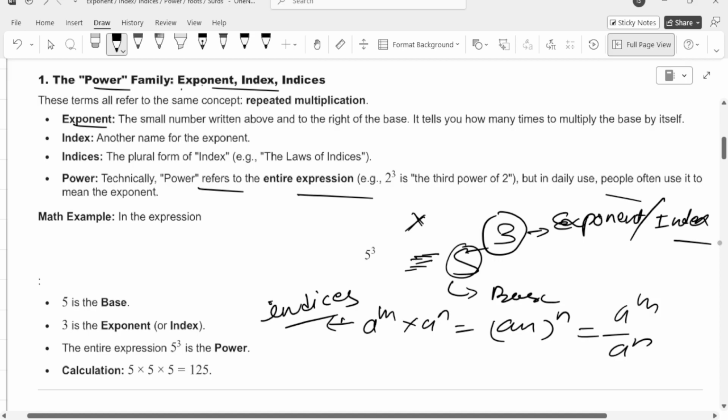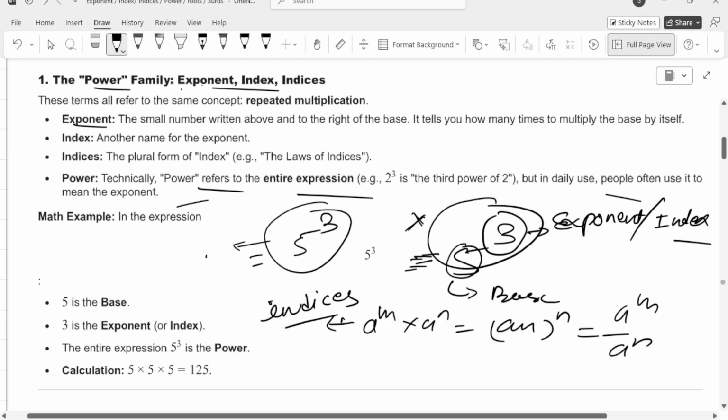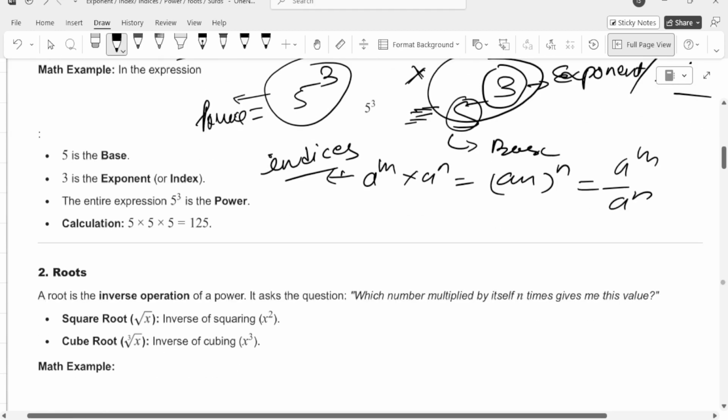That whole expression we call the third power of 5.